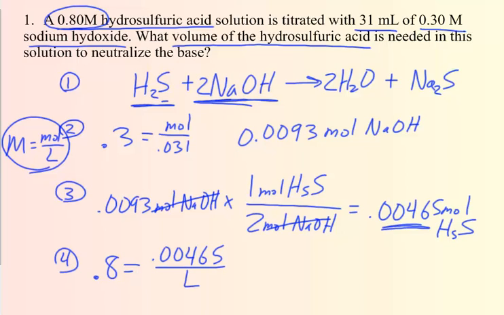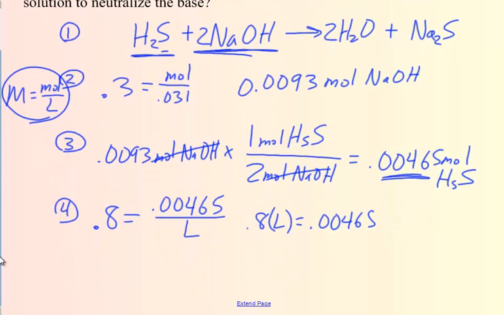So rearranging that equation, we get 0.8 times liters, the liters that we're looking for, equals 0.00465. See if I can get a little more space. So divide this side by liters. Oops, I lied.